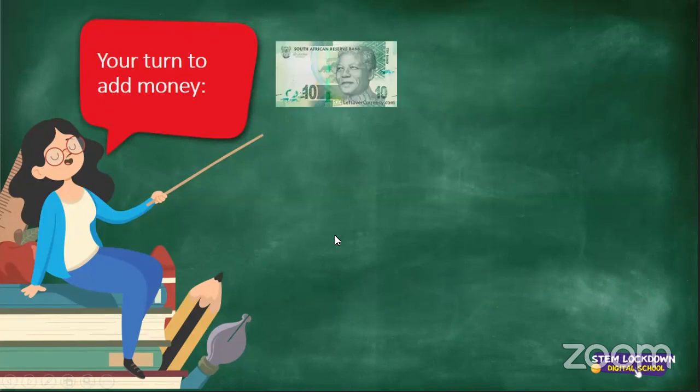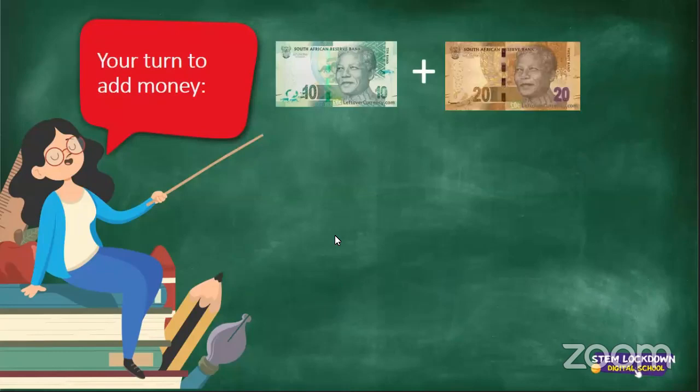Let's have a look and see what other sums we've got. What note is this? 10 rand. Plus, what note is that? 20 rand. Now let's see if you can do the sum. You need to use your pencil and piece of paper.